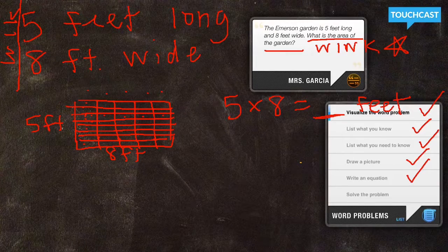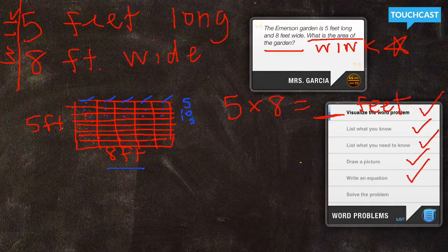Okay, great. So now what we need to do, and you can also just use grid paper for this too, is count up all these little boxes if we want to use the area model. So we have 1, 2, 3, 4, 5. So this is 5 right here. 6, 7, 8, 9, 10. 11, 12, 13, 14, 15, and I'm noticing that I actually just need to skip count by 5s going up 8.